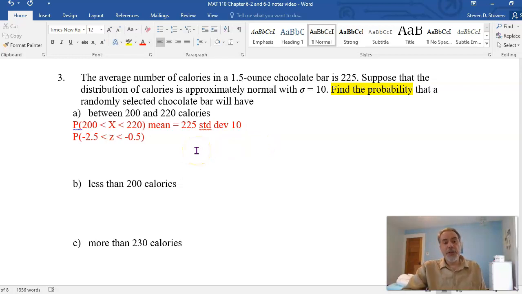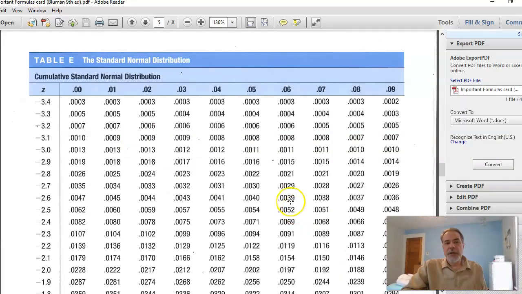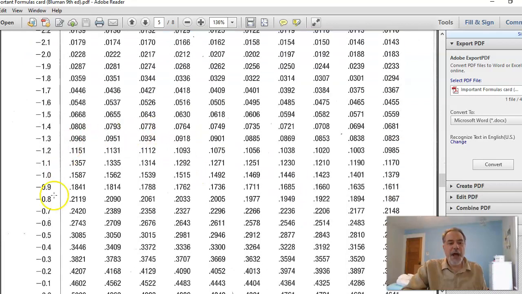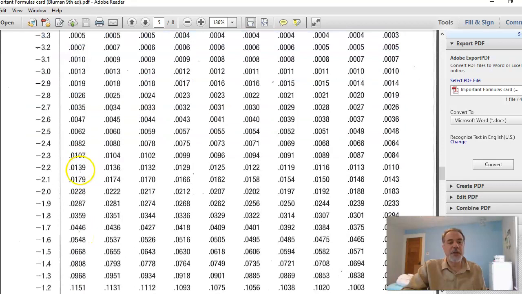If you remember what we talked about back before spring break, when we did section 6.1 in class, you know what to do next. You go to table E and you look up these z-scores. I'll do the bigger one first. I'll look up negative 0.5. And since it's just negative 0.5 without another digit after that, it's negative 0.50.